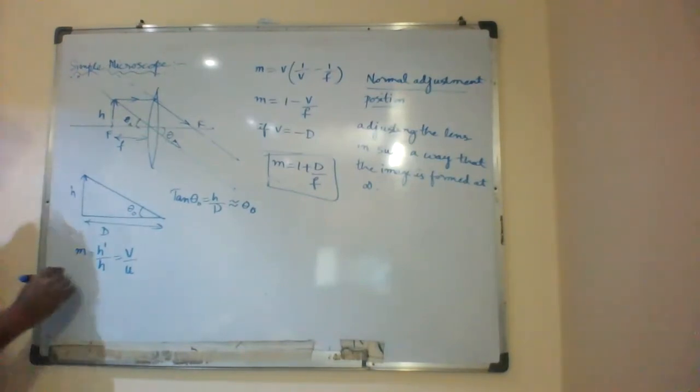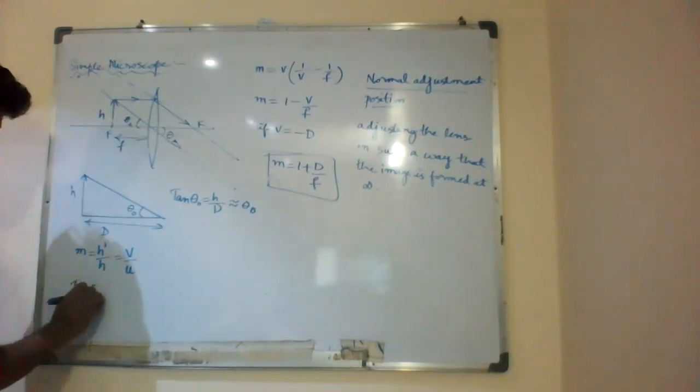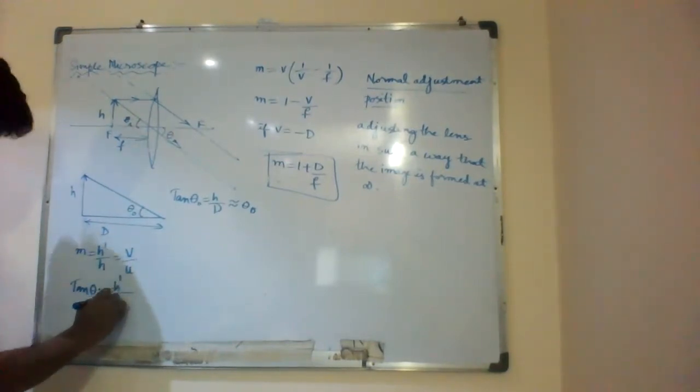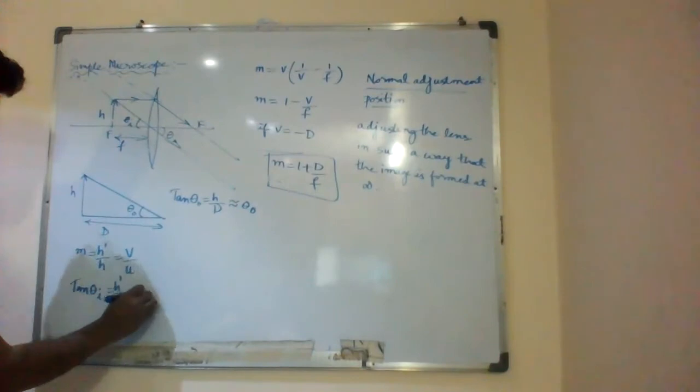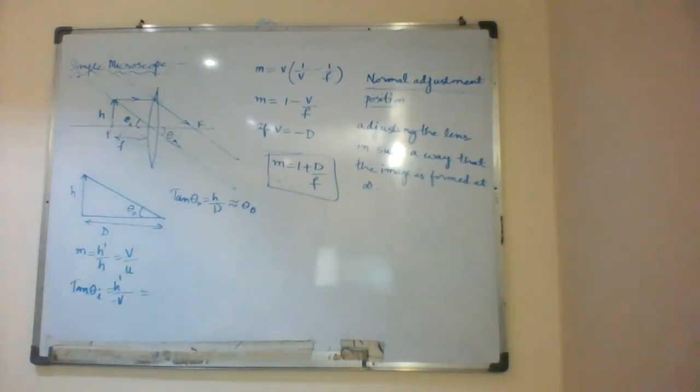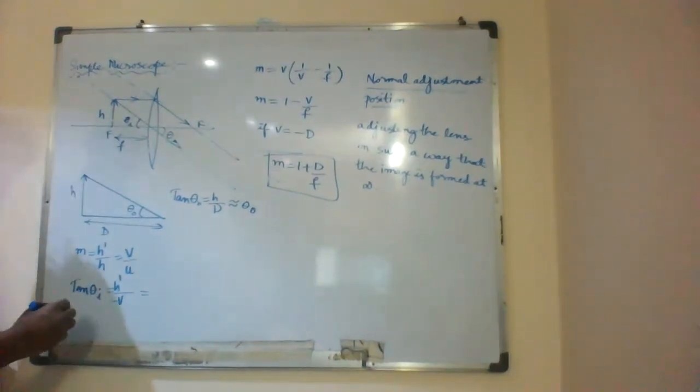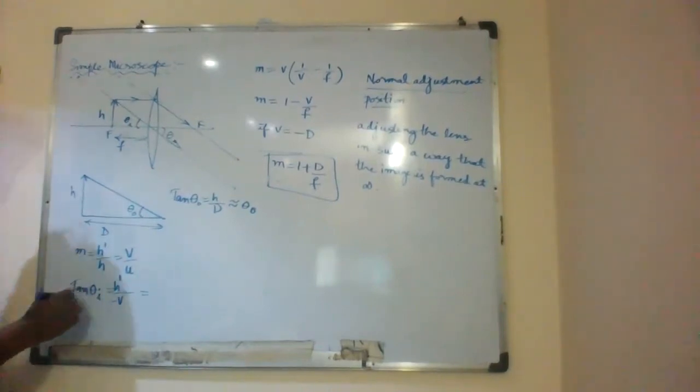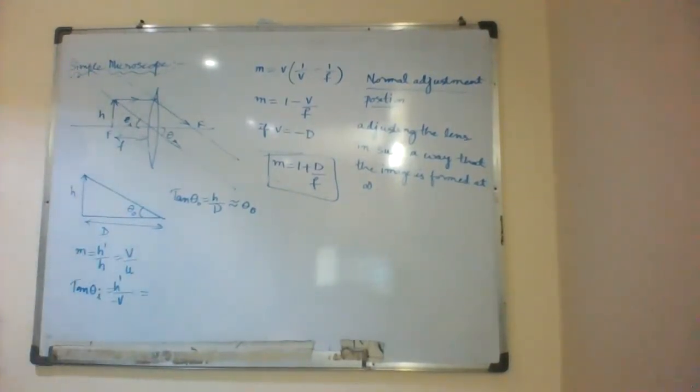Now tan theta I is equal to how much? Tan theta I equals h dash by minus v. Can we write it like this? Or it is also equal to, see here, what is theta I here? Can I take the new figure as h dash?